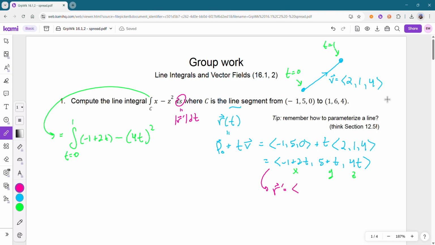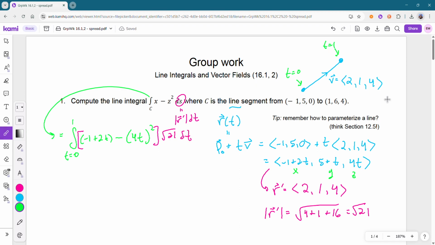So that's going to be, because of the linearity, just the constants 2, 1, and 4. And so taking the magnitude gives us root 4 plus 1 plus 16, just squaring those up. And so it's root 21. So that's what gets multiplied against all of this stuff. It's that root 21 dt.